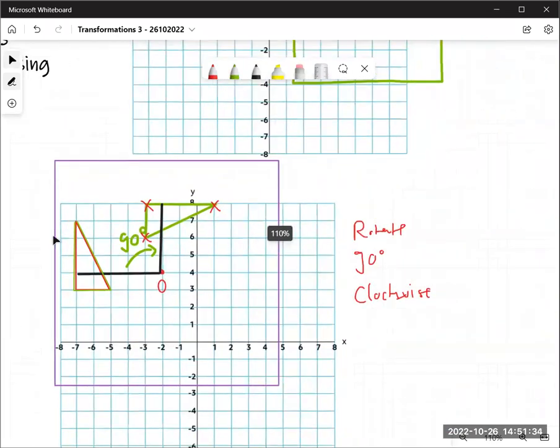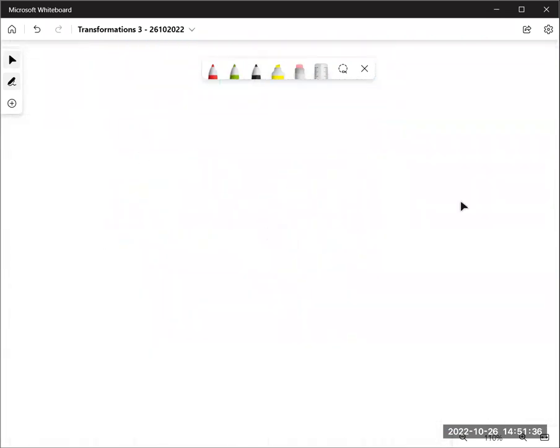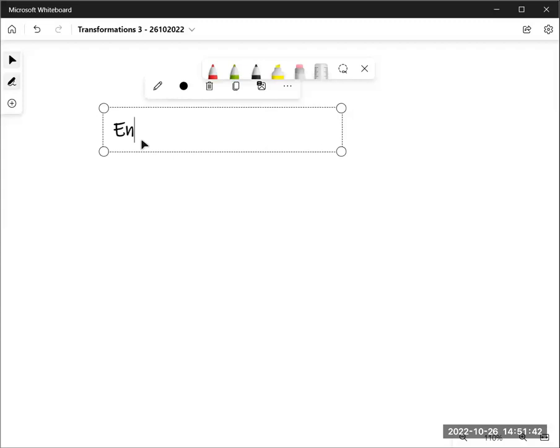Fine. Now the next thing we're looking at is going to be enlargement. This is much simpler. Everything is easy actually, to be honest. Let's see how it works.